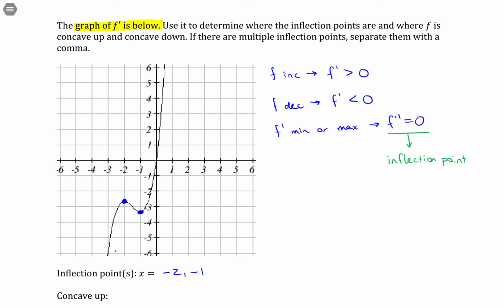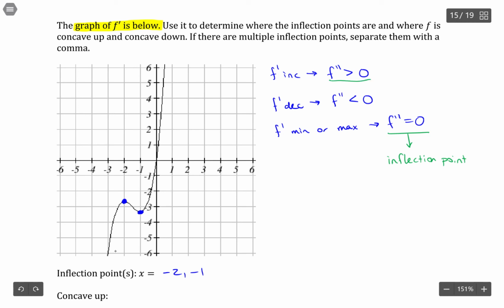That's a fact that we know from the very beginning of studying applications of derivatives. But that also implies that if we move down to the first derivative, then if the first derivative is increasing, then the second derivative is greater than 0. Or if the first derivative is decreasing, then the second derivative is less than 0.